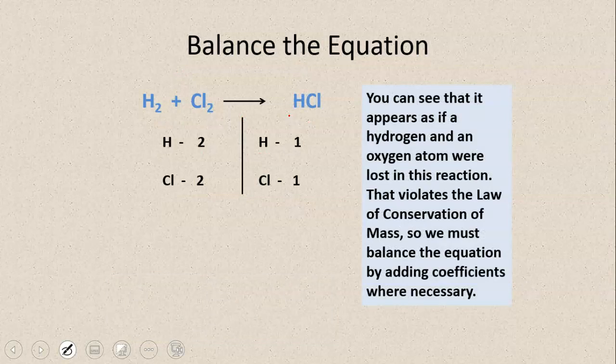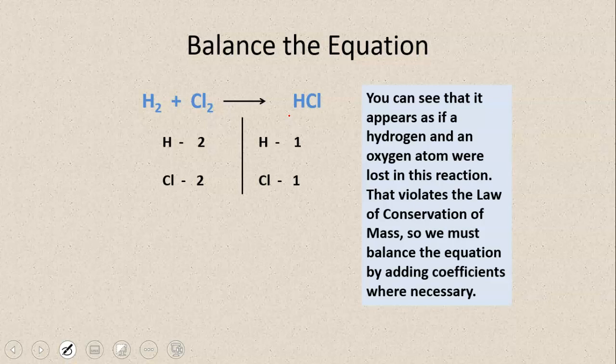All right, so as I mentioned before, it would seem as though some hydrogen and some chlorine was somehow lost or disappeared in this reaction. That goes against the law of conservation of mass, and so we know that it must not be true. So we need to balance the equation by adding coefficients.